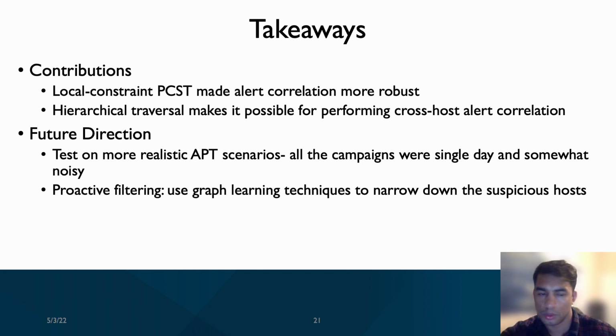The first one is we want to test on more real low and slow APT scenarios in contrast to the campaigns we are using in this experiment. Second, we want to utilize graph learning techniques in order to do some proactive filtering and reduce the number of hosts that need this sort of fine-grained analysis.